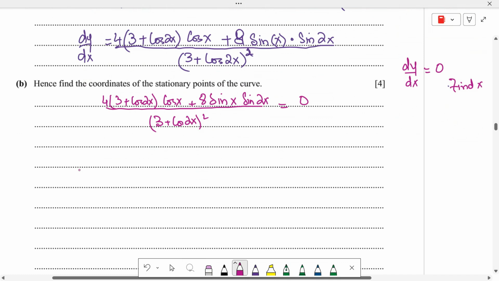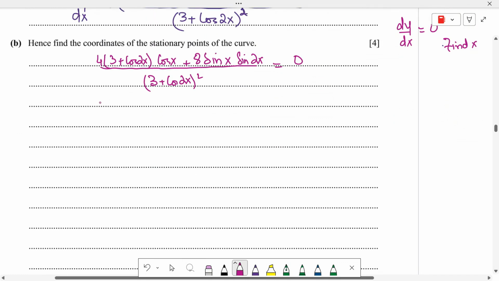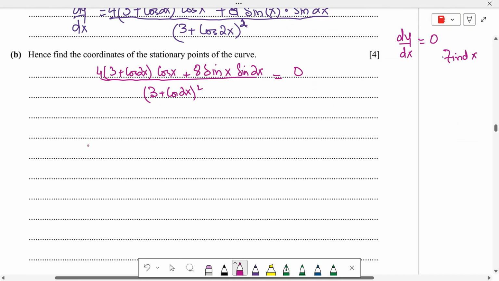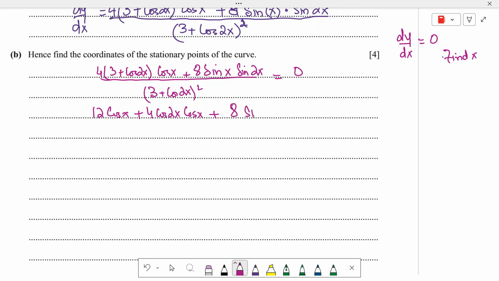So when we multiply, we will have 12 cos x, and then 4 times cos 2x times cos x. So plus 4 cos 2x cos x plus 8 sin x sin 2x equals 0.